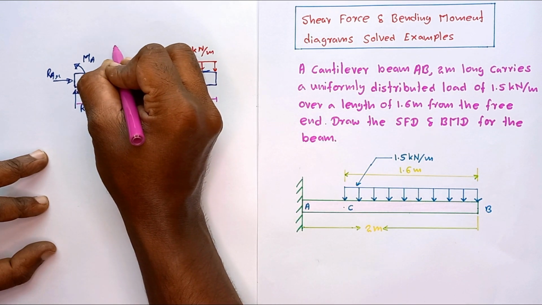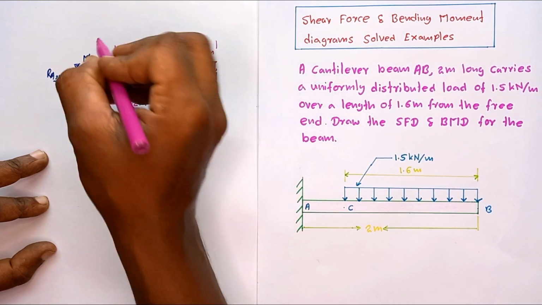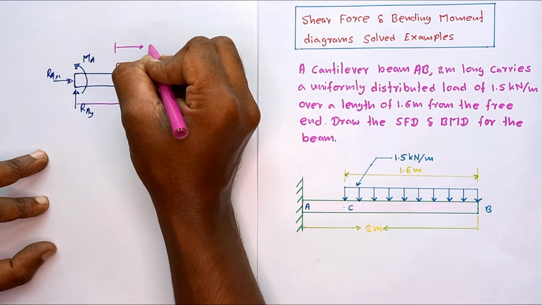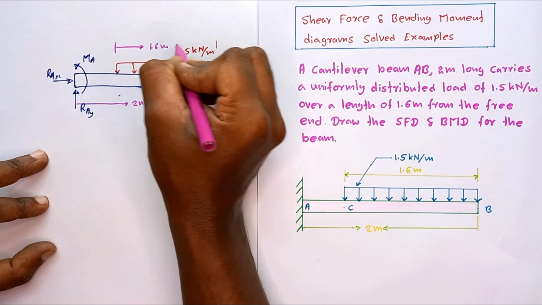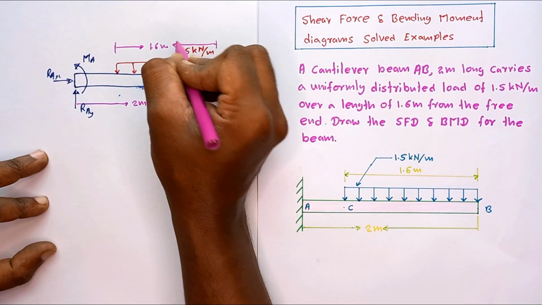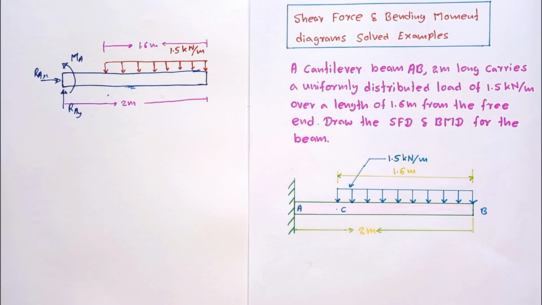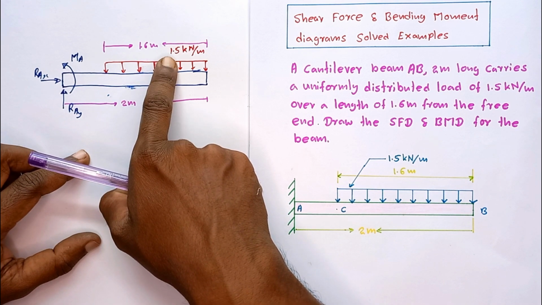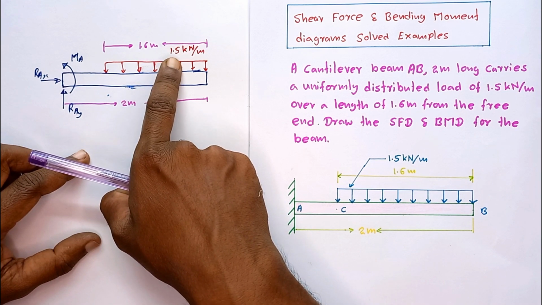And this distributed load is acting over a 1.6 meter length, and the intensity of the distributed load is equal to 1.5 kilonewton per meter.